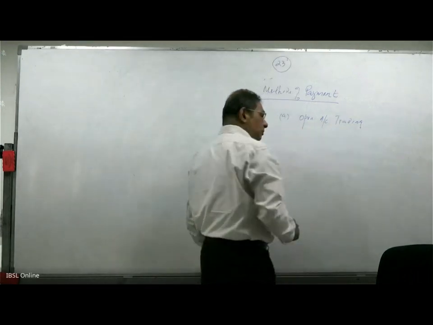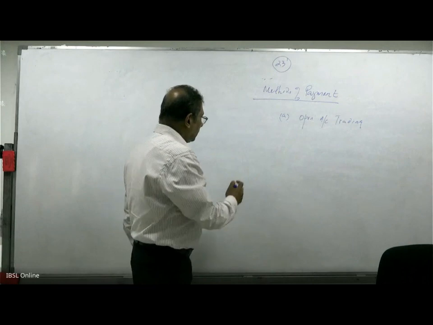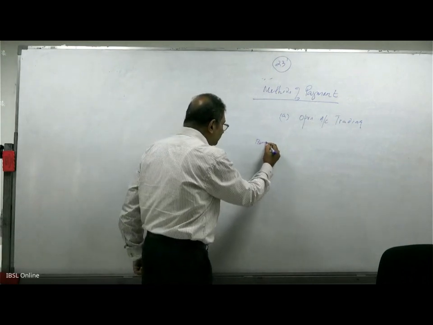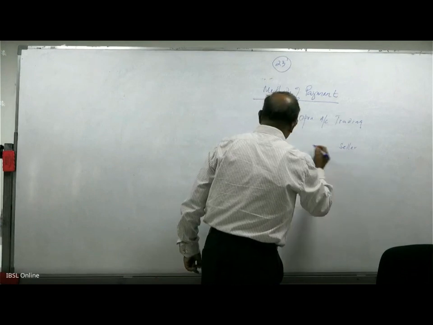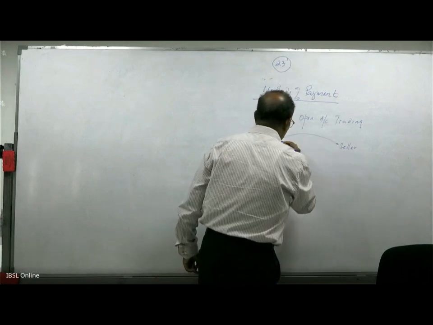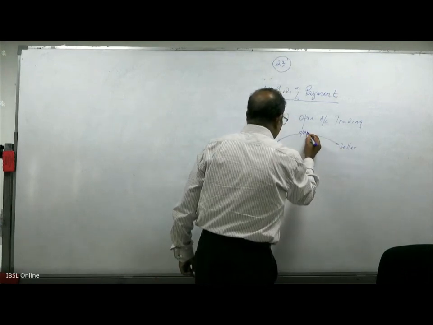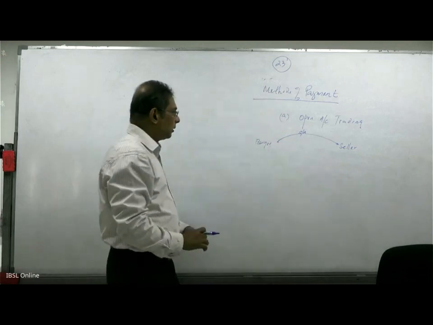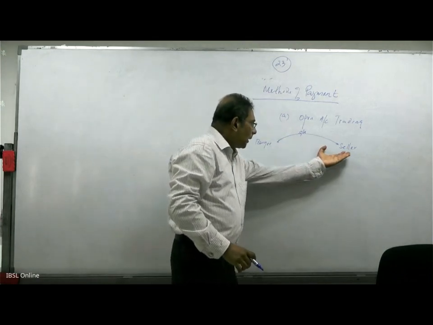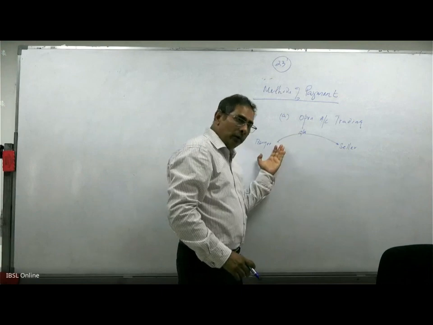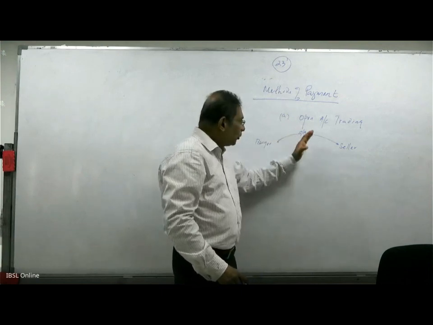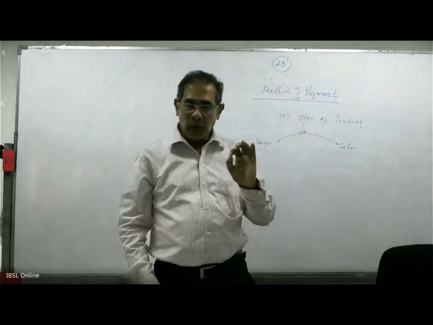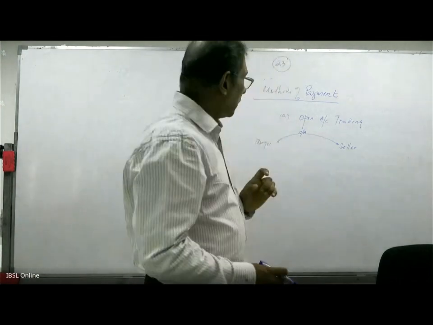Open account trading means where you find the buyer and the seller have a sales agreement or a contract of sale. That is, they have agreed mutually that they will transact business on open account trading.